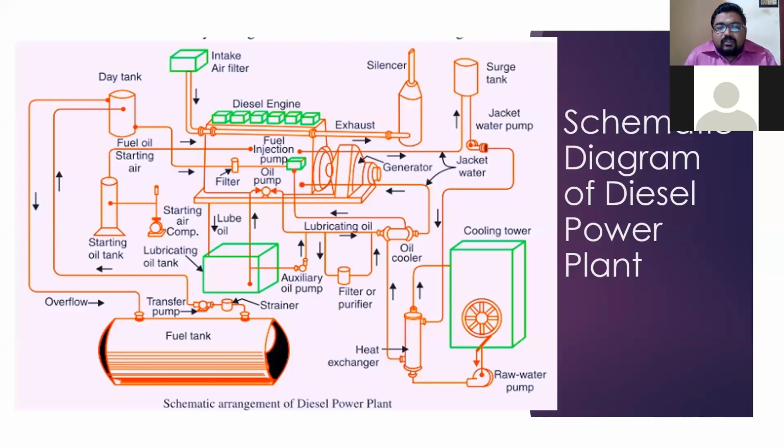So the function of this water cooling in your diesel power plant is to keep your diesel engine at a minimum or normal temperature. For cooling purposes, the coolant should go inside.